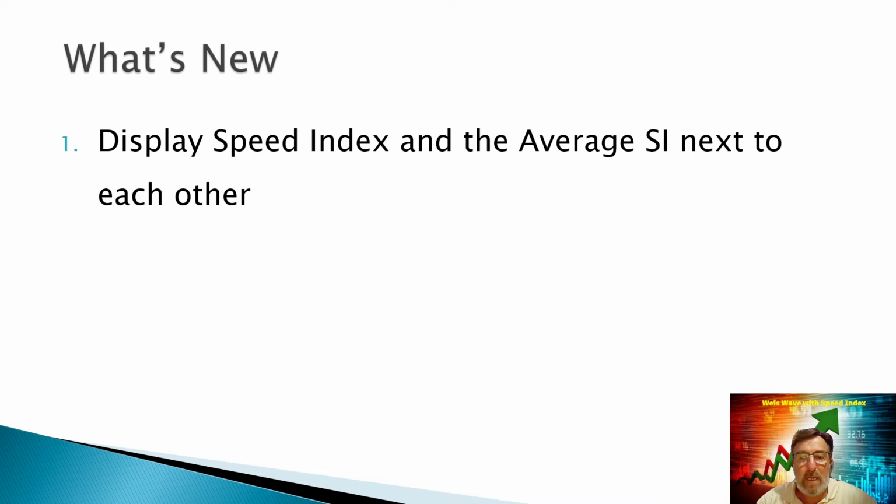We have the ability to display speed index, but now we also have the ability to display both speed index and the average speed index next to it. Okay, why is that? Well, in order to observe the abnormal speed index running, probably. We'll see later on.